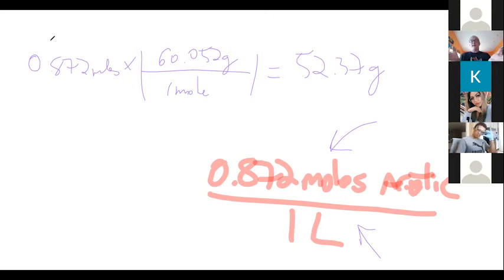I could do it for 10 mils or 5 mils or whatever my volume was. This just makes it a lot easier because I figured out that the concentration is 0.872 molar. Well, what does that mean? That's how many moles in the liter. So my numerator is 52.37 grams. What's my denominator? What's 1 liter? What's going to be the mass of 1 liter of vinegar?